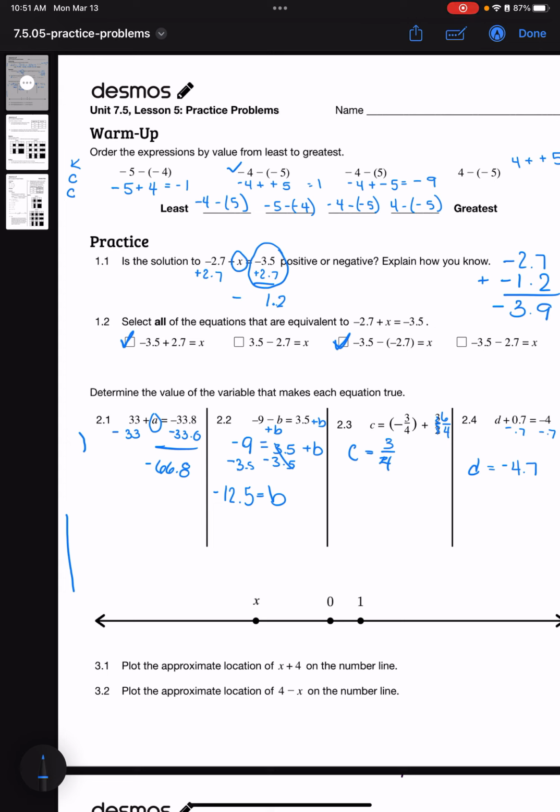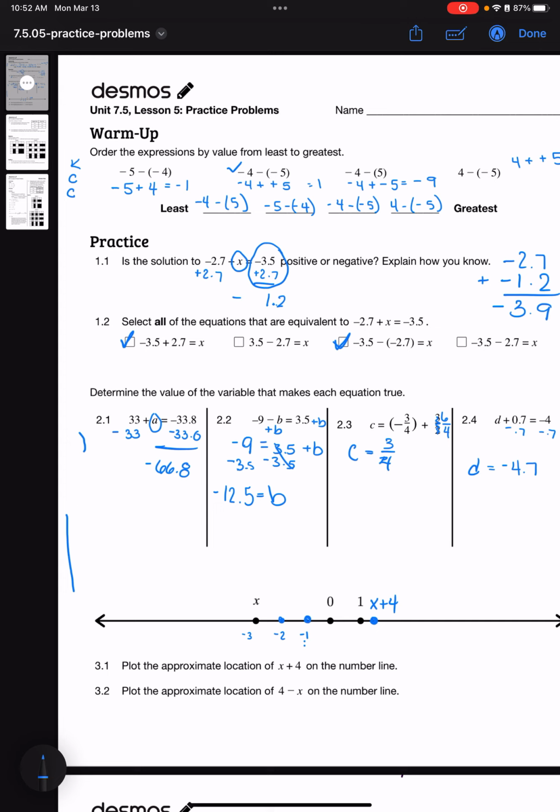If this is 1, I would think about this as 1, -1, -2, maybe around -3. Maybe somewhere around there. So x plus 4 could go somewhere a little bit more than 1, close to 1.